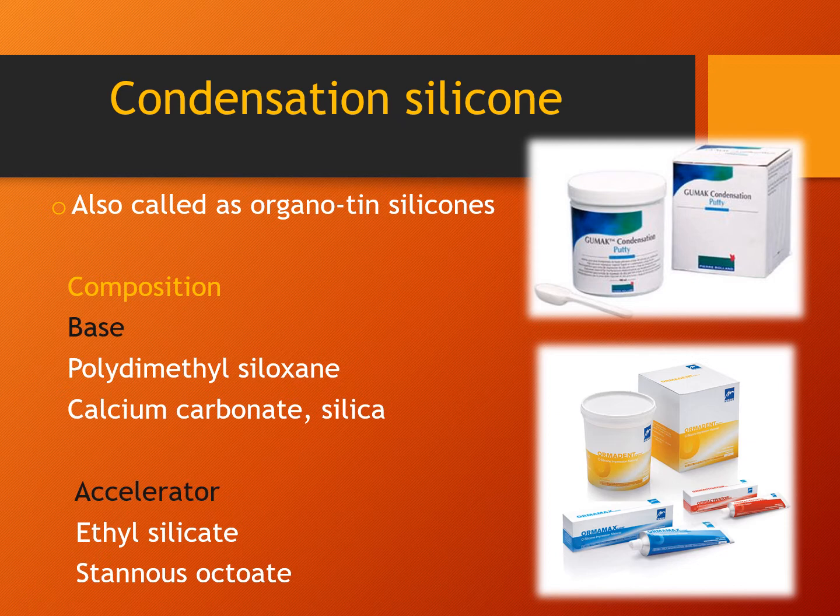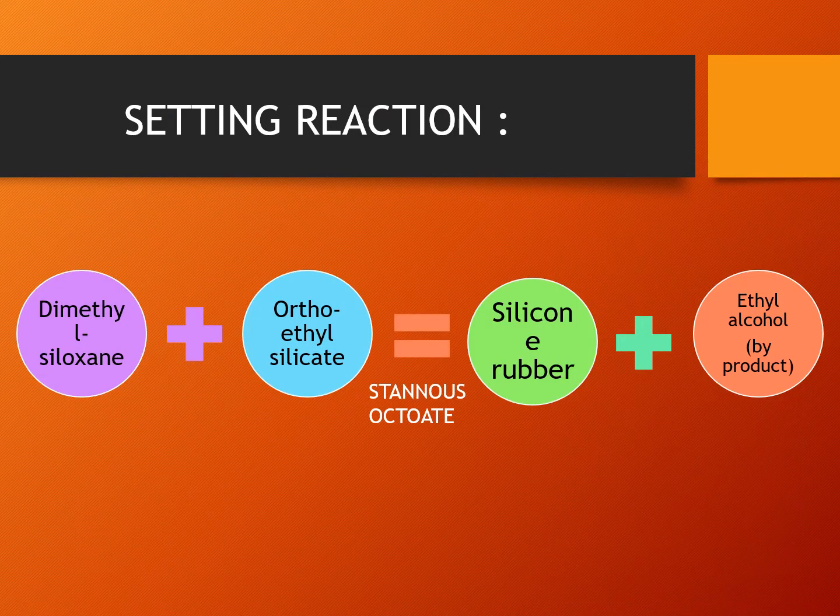Now compared to polysulfide, this has some advantages, which is it has a pleasant odor and color, and an additional advantage is it has a very short setting time, around 6 to 8 minutes. So patients prefer condensation silicone over polysulfide. Now coming to the setting reaction of condensation silicones.